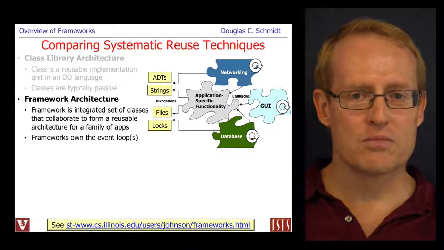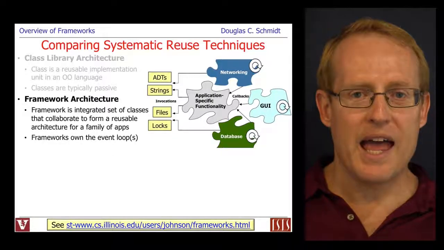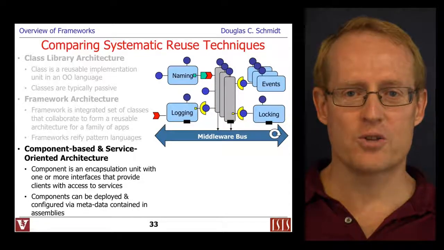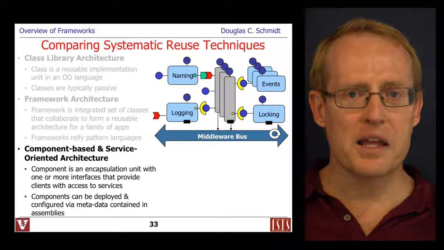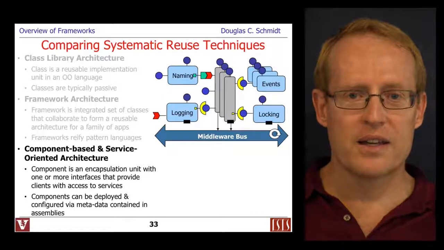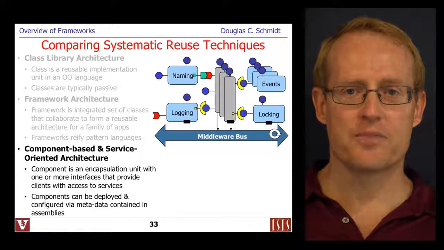There's another form of systematic reuse that has become very popular over the past decade, and this is component-based and service-oriented architectures. A component is an encapsulation unit that offers up one or more interfaces that provide clients with access to various services.